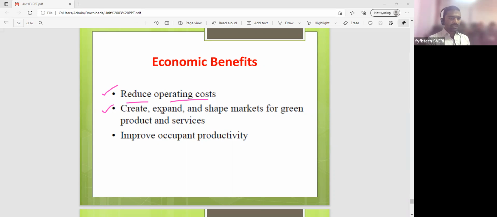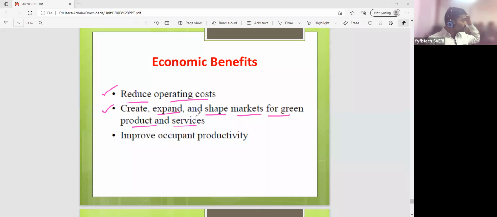It creates, expands and shapes the markets for green products and services. Yes, in the market, green products and green product services will increase. If you are using cement maximally, then cement products will be available in the market.